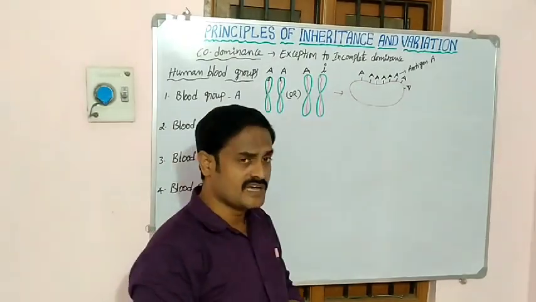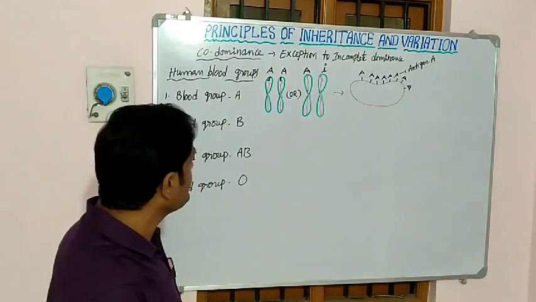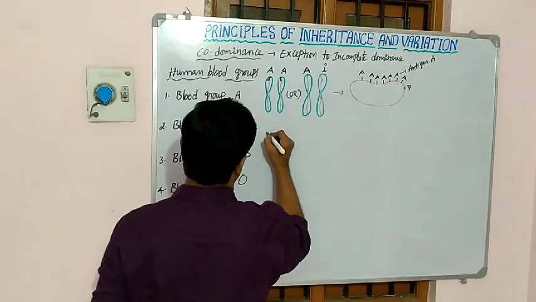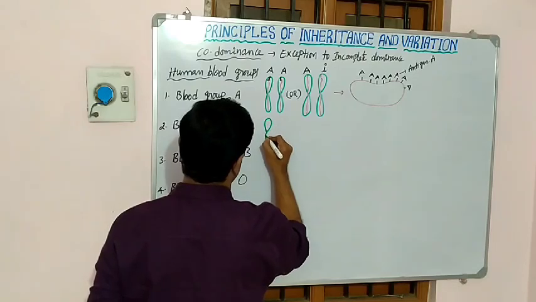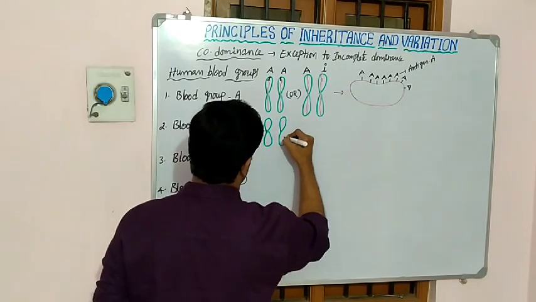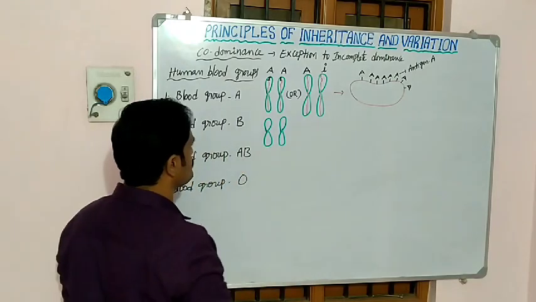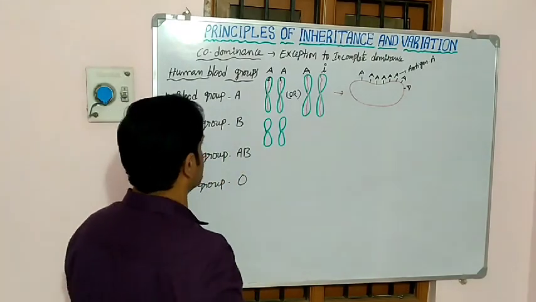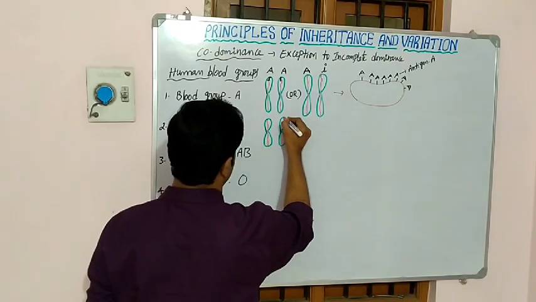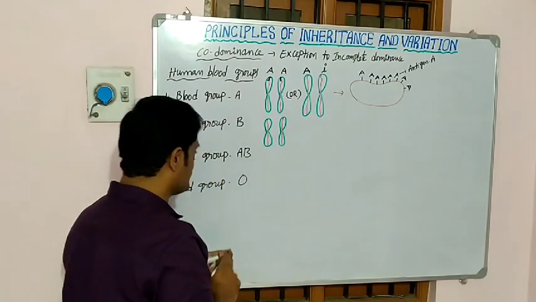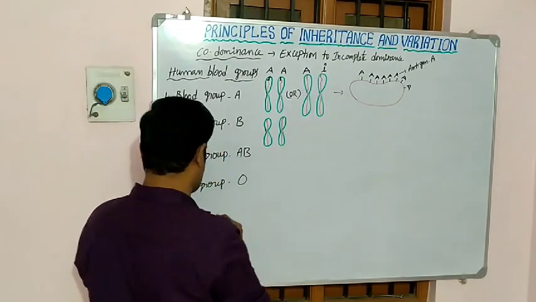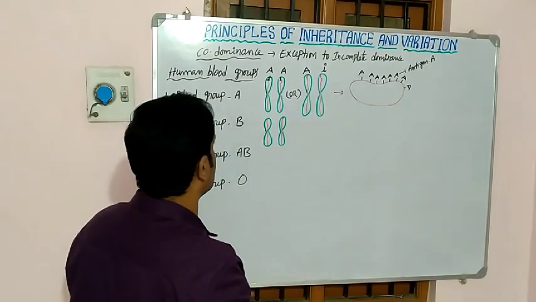Okay, coming to the second type of blood group. I will take what kind of chromosomes or alleles are present here. See, these are the chromosomes, and inside the chromosomes consist of double-stranded DNA, and in blood group B both are B alleles.